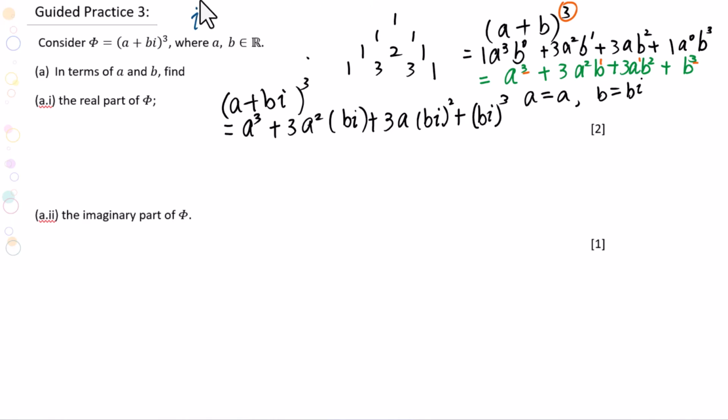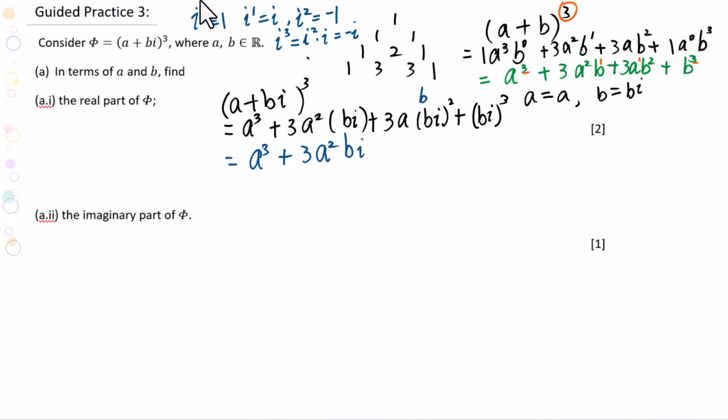Remember, i to the 0 power equals 1. i to the first power is i, i squared equals -1. i to the third power equals i squared times i, which equals -i. Organize: a to the third power plus 3a squared bi.